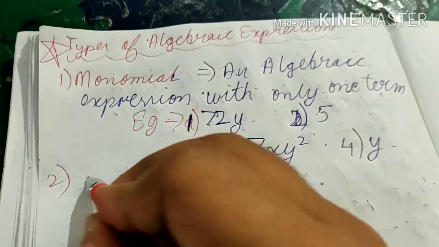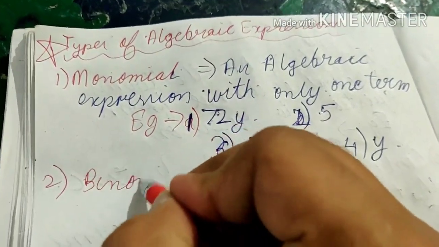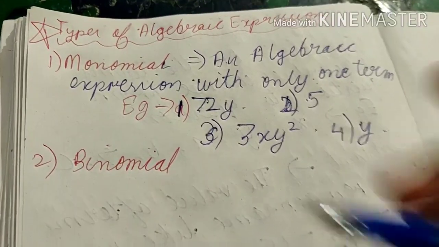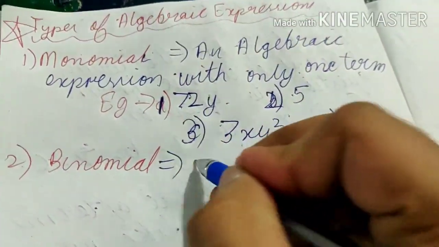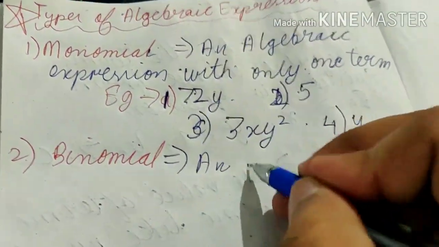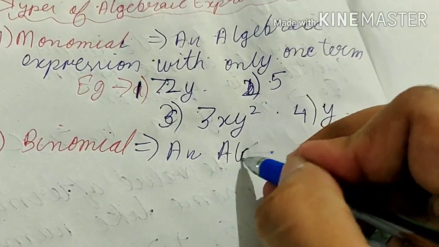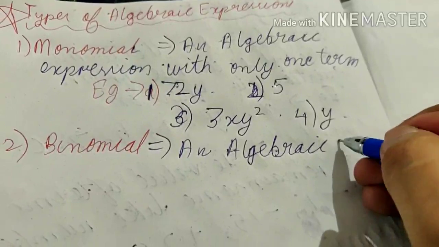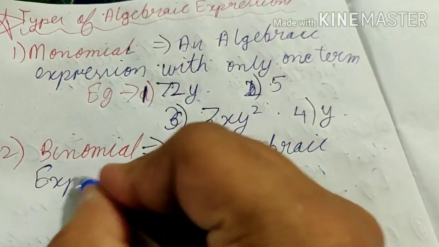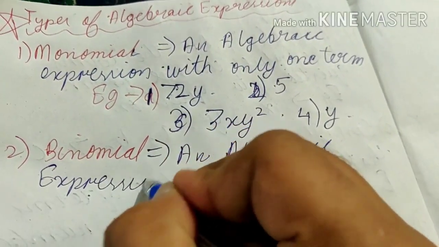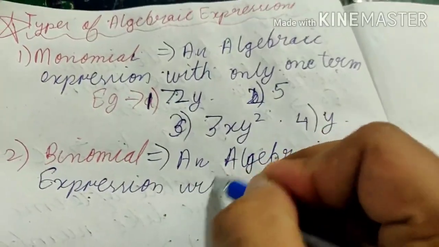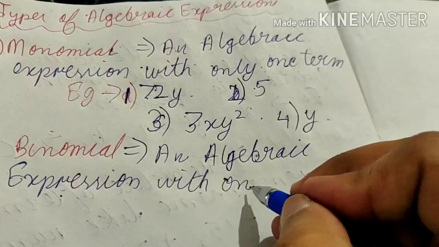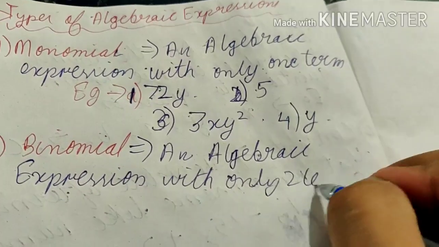Okay, what next? Our second type is binomial. Binomial expression can be said as an algebraic expression with only two terms.